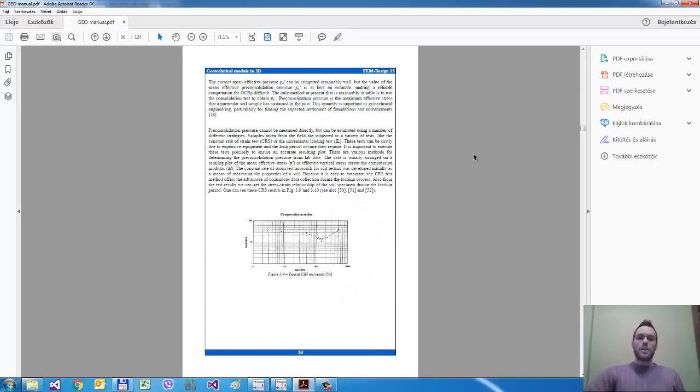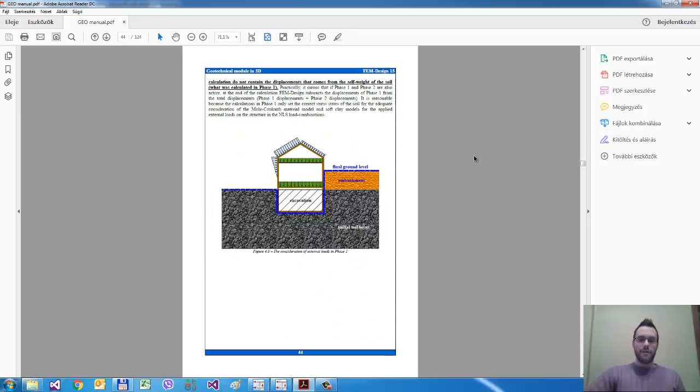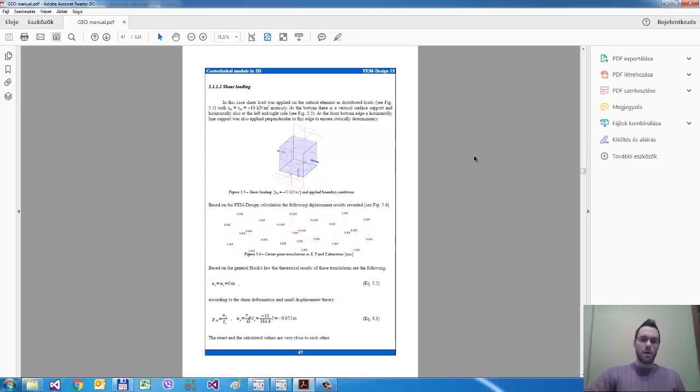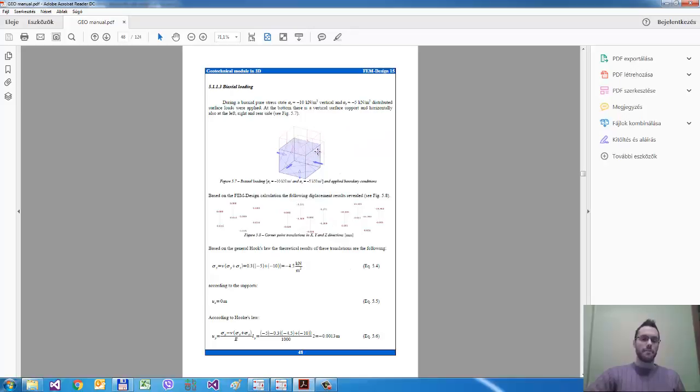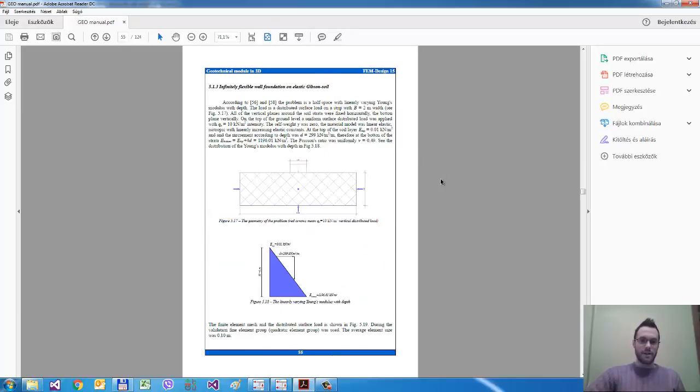And in the second part of this document, you can find several validation and verification examples where we calculated different problems with FEM-Design and compared the results with analytical solutions.